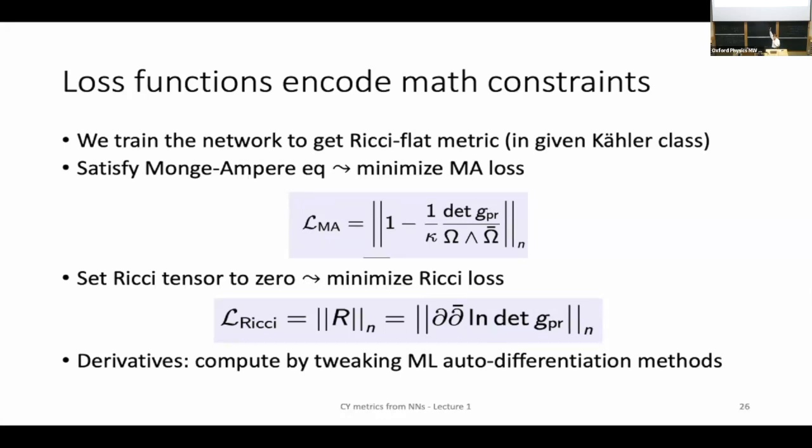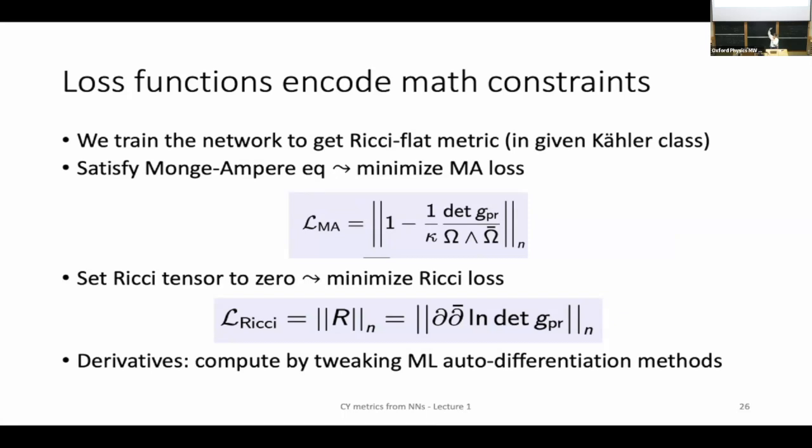Now, this is not something that you normally compute in machine learning, but you can actually use the gradient computation techniques that these machine learning libraries include, that are used in the backpropagation algorithm, for example. You can use those same techniques to compute derivatives with respect to the input.